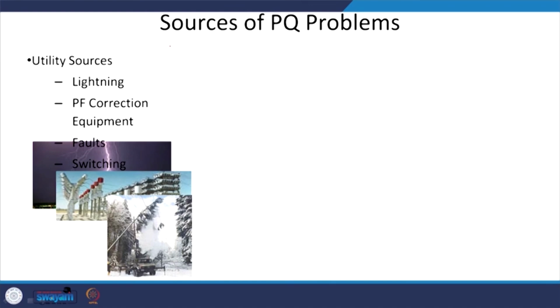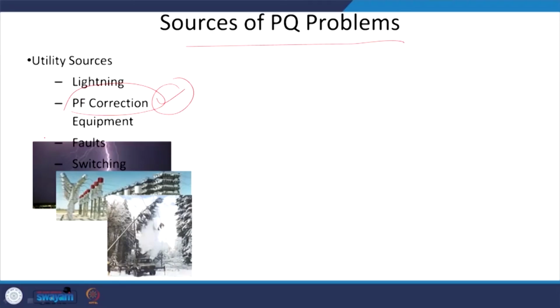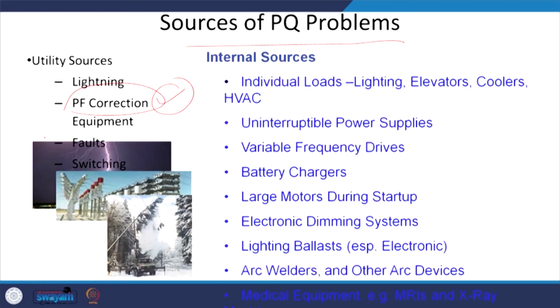We can have sources of PQ problems such as lightning, power factor correction, which we shall see in the next lecture maybe, power correction equipment, and fault switching. These are all causes of power quality problems. Power factor correction keeps the power factor corrected, but it is detrimental. You will see the placing of the capacitor for correction of the power factor, and what its effect is on the overall power quality.